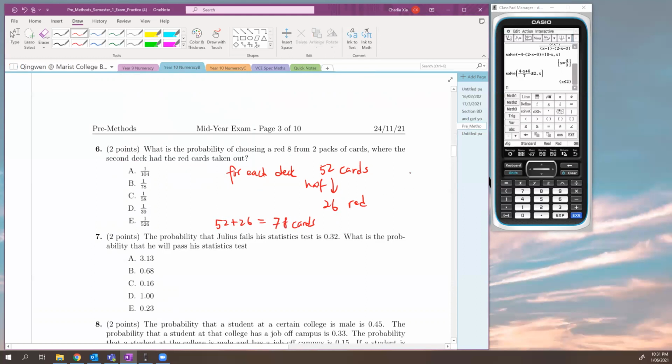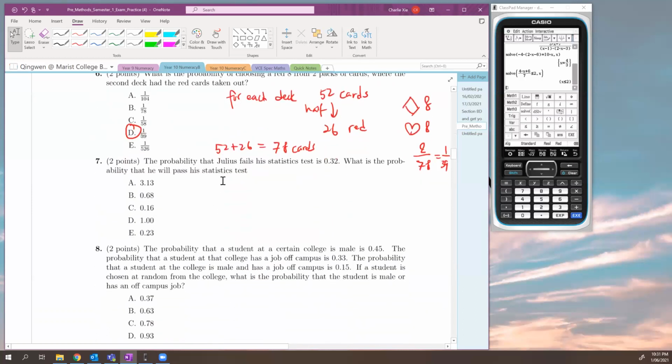We could have diamond 8, and also heart 8. For each deck, you've got 1 diamond and 1 heart 8. So that's 2. Therefore, the probability would be 2 out of the options, 78, simplified 1/39. So it's option D.